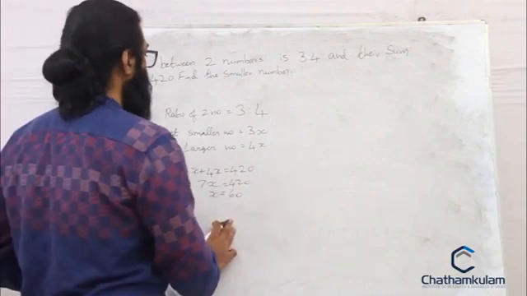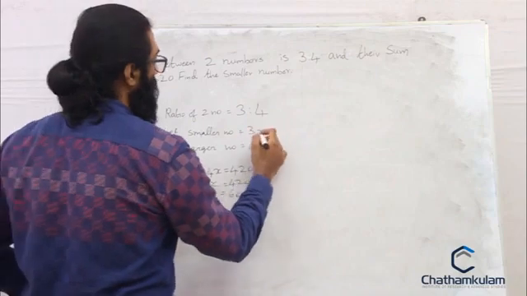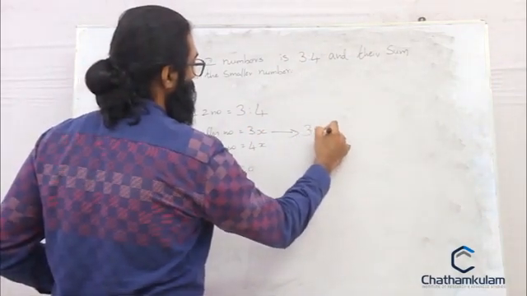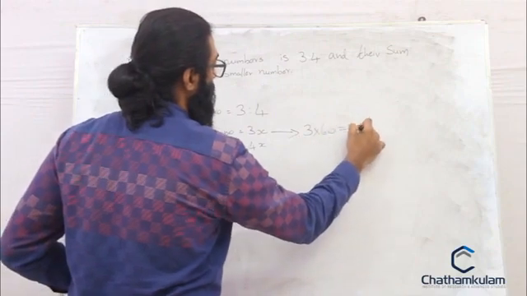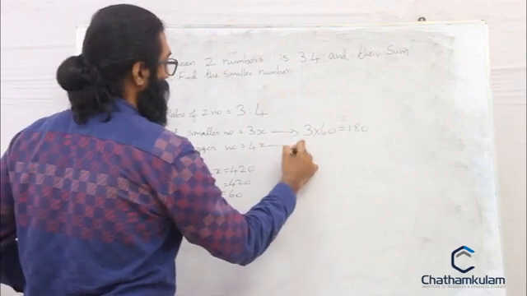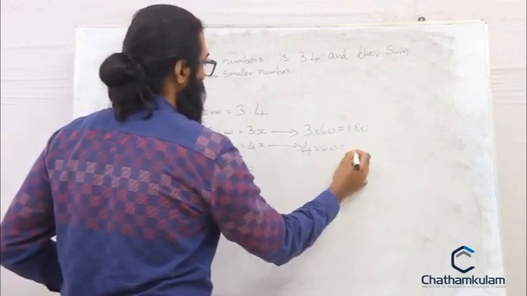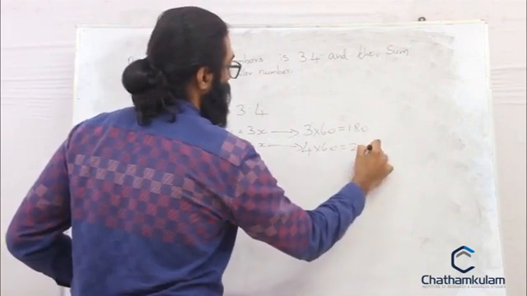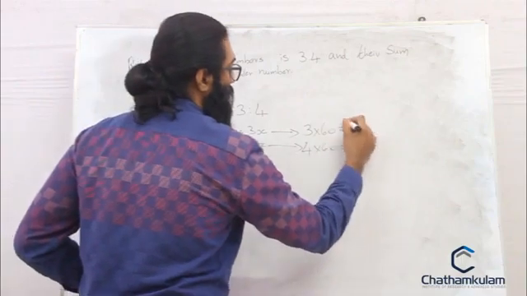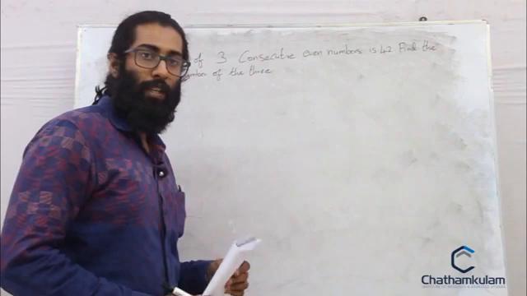Since x equals 60, we substitute this x here: 3 into 60 equals 180, and 4 into 60 equals 240. So 180 is the smaller number, so this is the answer. So let's see the next question here.